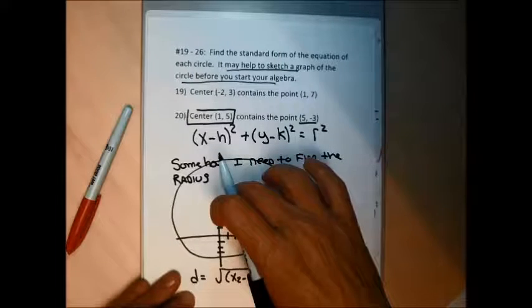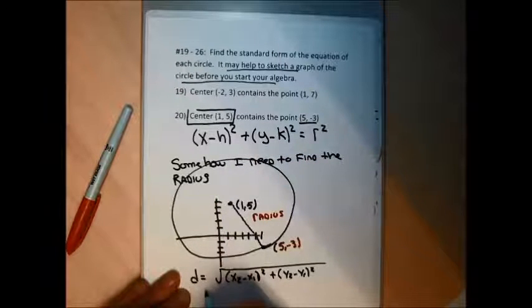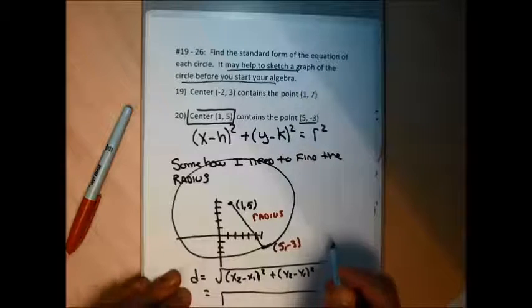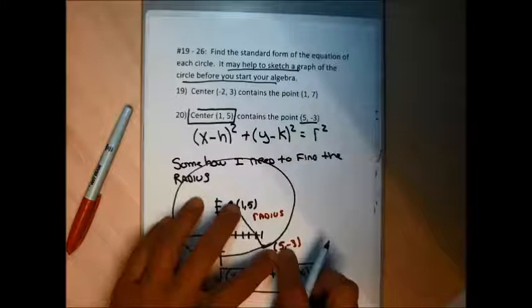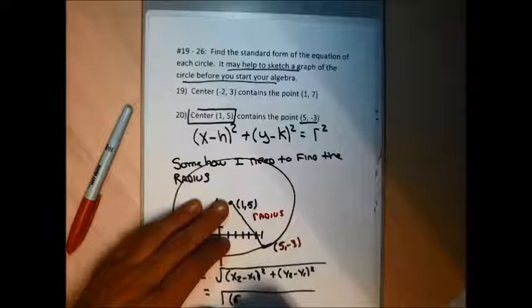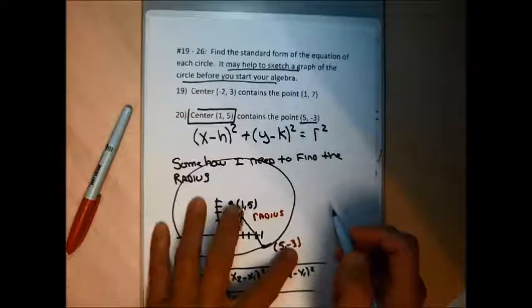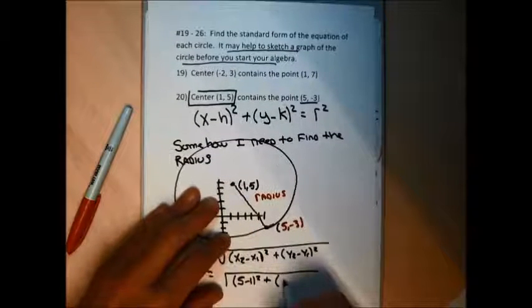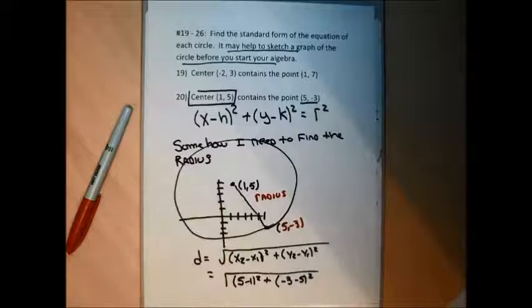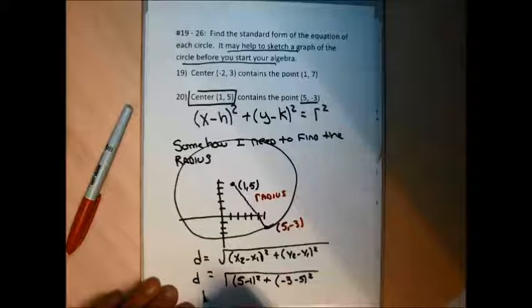So the distance between those 2 points, which is the radius, is going to be given by the formula x2 minus x1. I'm going to call that x2 and that x1. So it's going to be 5 minus 1 squared, and I'm going to call that y2 and that y1, so plus negative 3 minus 5 squared. So the distance, which is the radius, is going to be the square root.